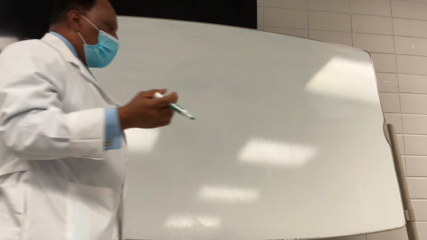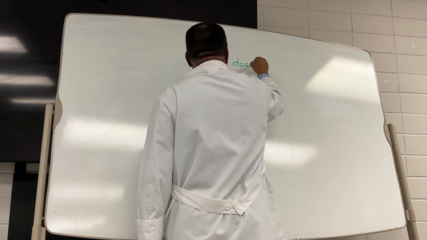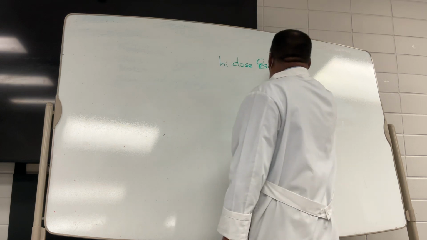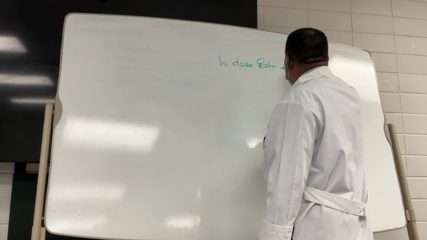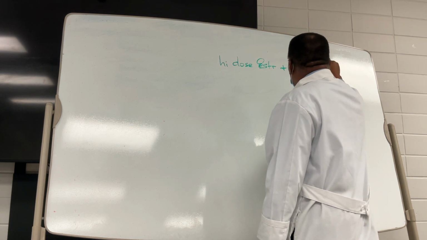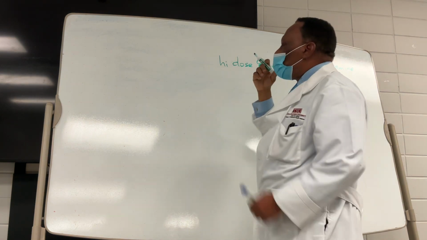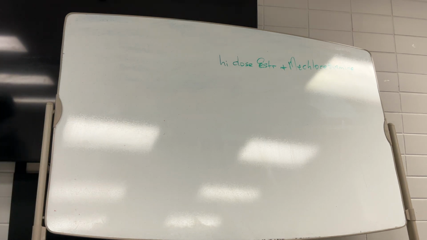And Estracyt, we won't say much about that. It's basically obsolete. That's a high dose estrogen that is usually combined with a nitrogen mustard, like your mechlorethamine. So that's the Estracyt.